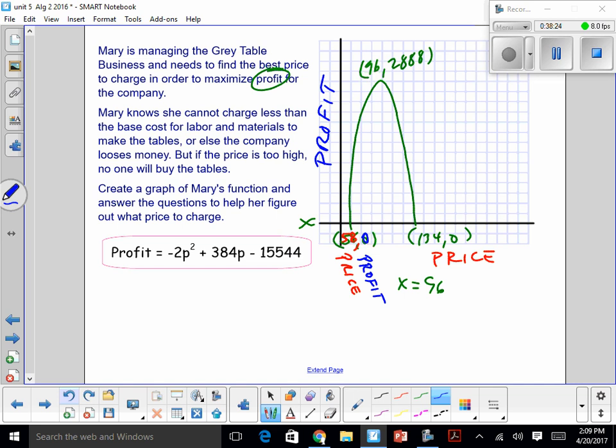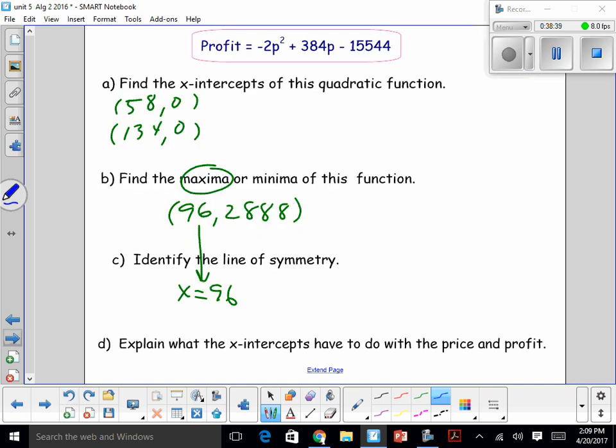So I'm going to actually write that in. What they're trying to see here is you explain what the X-intercepts have to do with price and profit. And the way I'm saying it doesn't even feel right. This is the price that I charge that makes 0 profit.